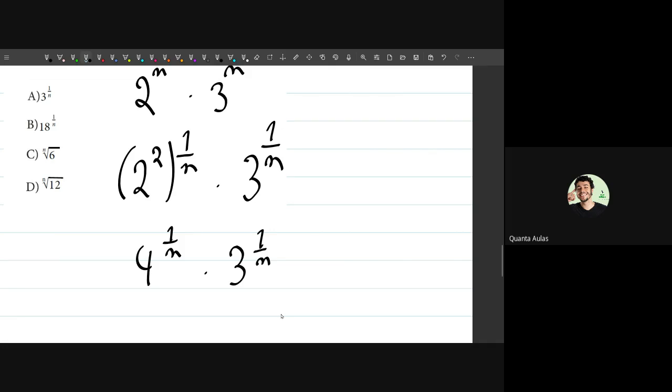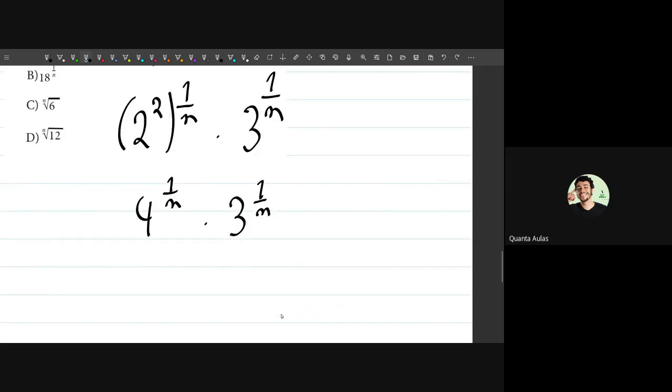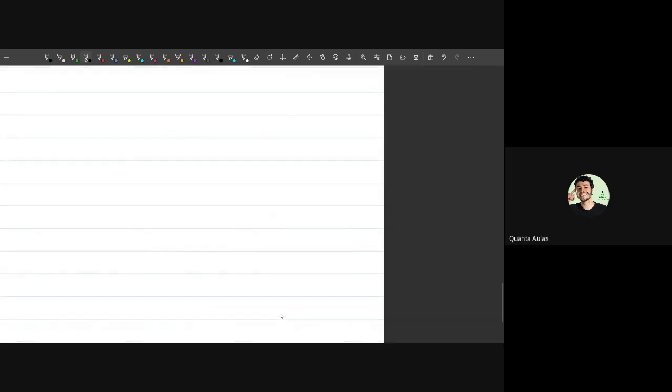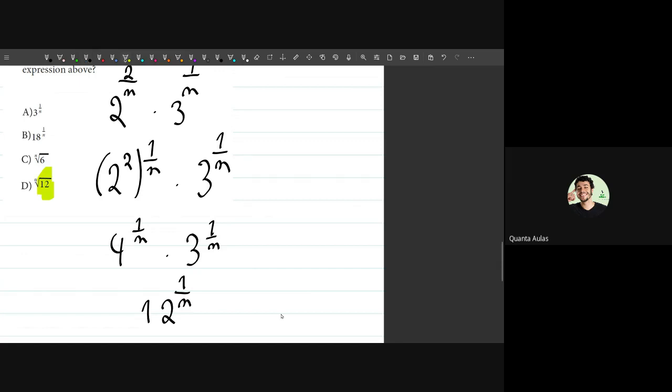We have a property where I can multiply these bases. Because the exponent is the same, I can multiply the bases. 12 to the power 1 over n, but we don't have this form here, but we have it here. If I transform this, I will have it. Just change using the property, okay?